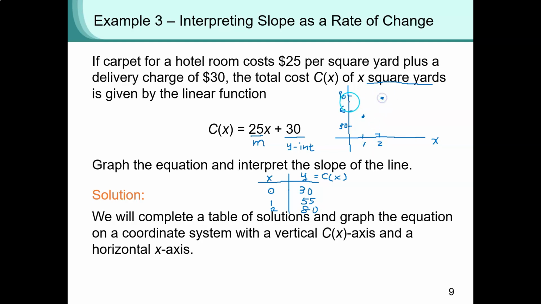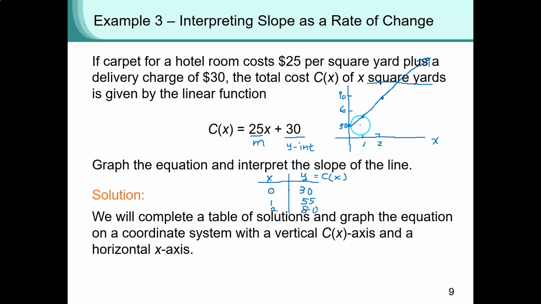If I continue to increase the x number, the y value will get larger and larger. But I know the initial point is here. When I connect all the dots, the graph will go in the up direction forever. So this is the graph of this function. Now we have to interpret the slope of the line.